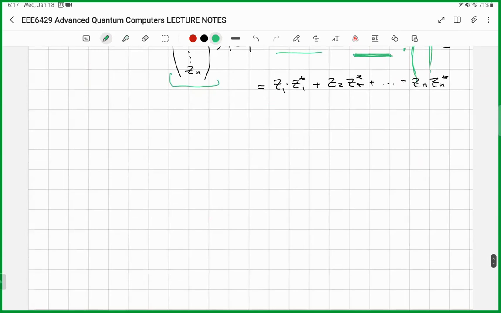Very good. So what else can I do with matrices? I can take the matrix product, right? This is another type of product that we didn't discuss yet.